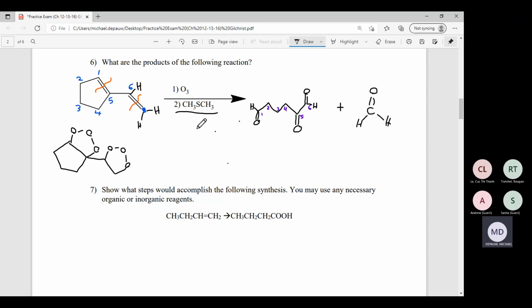But the dimethyl sulfide basically splits those. Basically there's a little kind of chain reaction here.